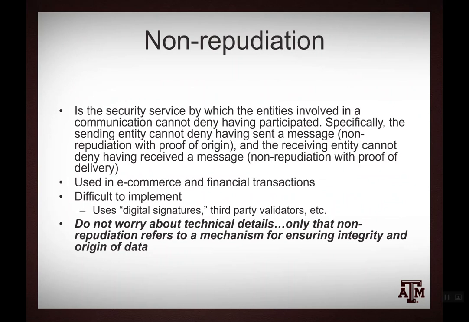An entity sends a transaction and can later not claim that they did not send that transaction, because of this complexity of using digital signatures and third-party validations and registries and all this. So non-repudiation just means once a transaction is enabled, the party cannot say, no, that didn't come from us, because of these technical mechanisms put in place to authenticate and verify the data origin.